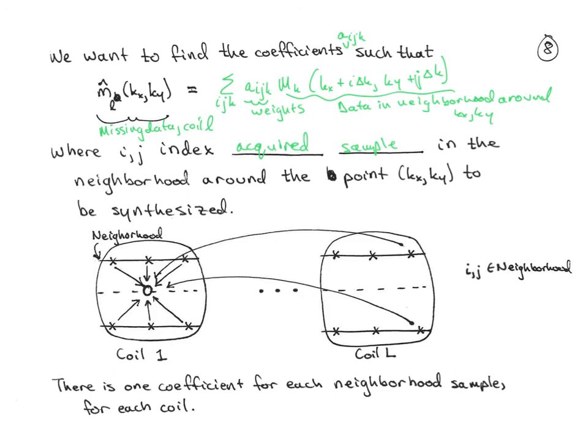And so here's an illustration of this. In the middle here is the location kx, ky that we're trying to synthesize. So this is the m hat sub L of kx, ky. And we are going to use all that coil's data and all the other coils' data and weight that data to try to synthesize this point.